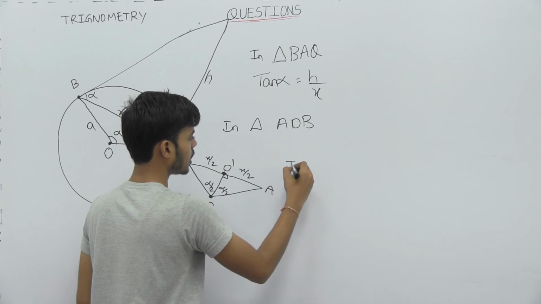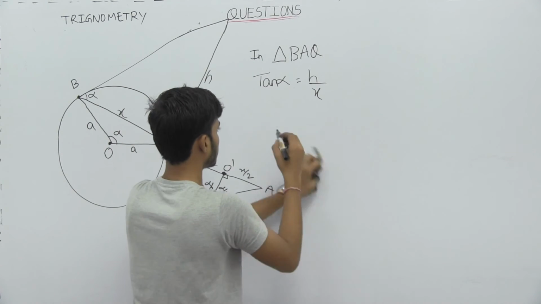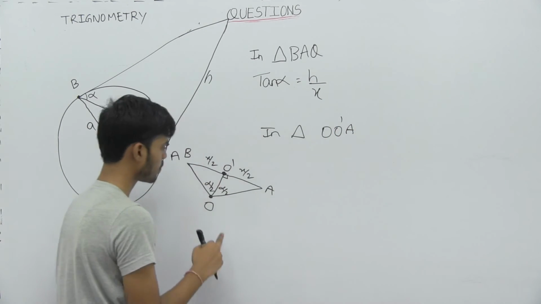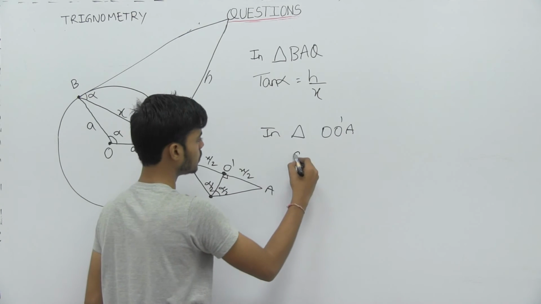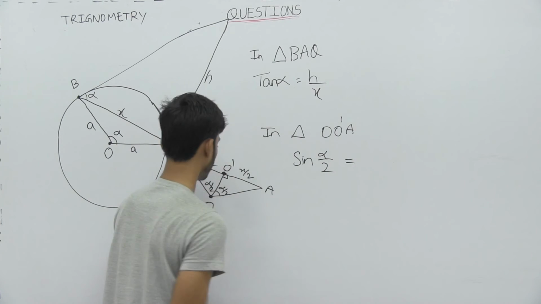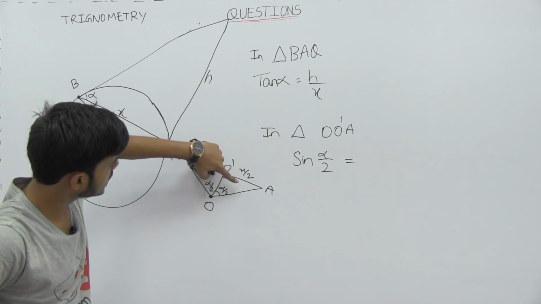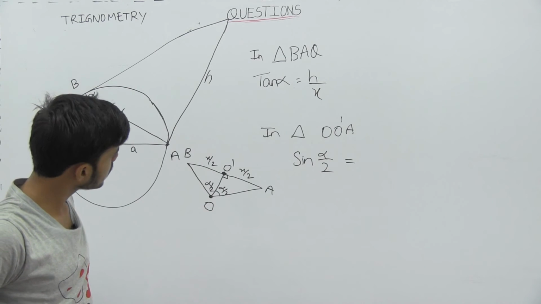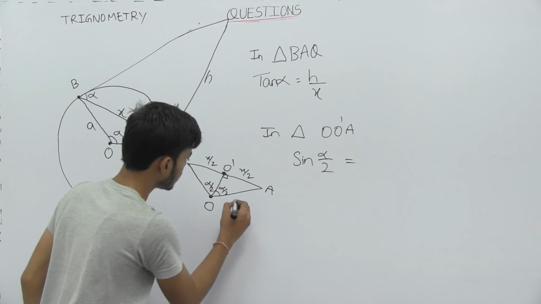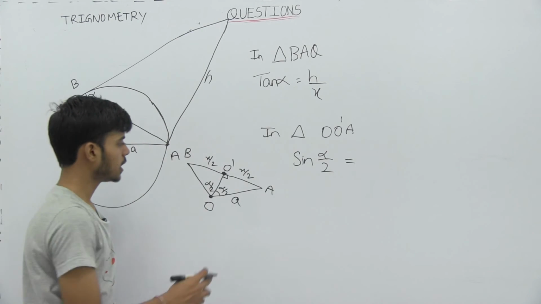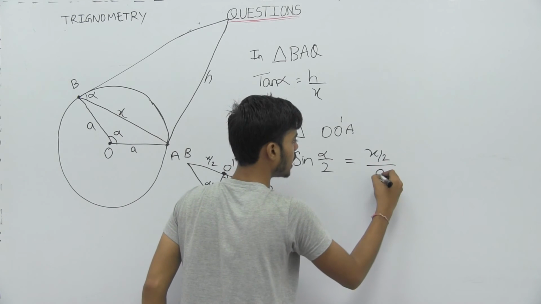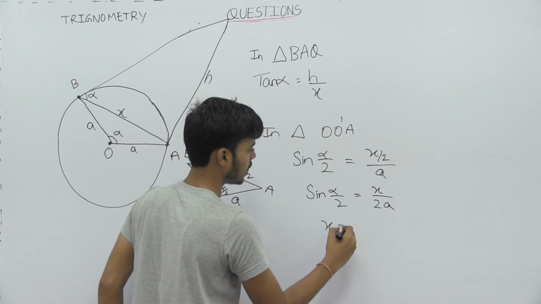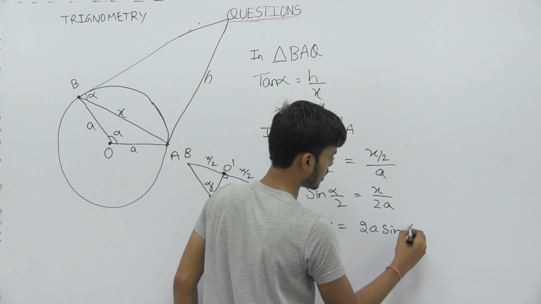So we know in triangle O dash A, sine of alpha by 2 is equals to, this is the opposite, this is hypotenuse, so x by 2 by hypotenuse, this is radius A, so A sine alpha by 2 is x by 2 by A. So sine alpha by 2 is x by 2A, value of x is 2A sine alpha by 2.